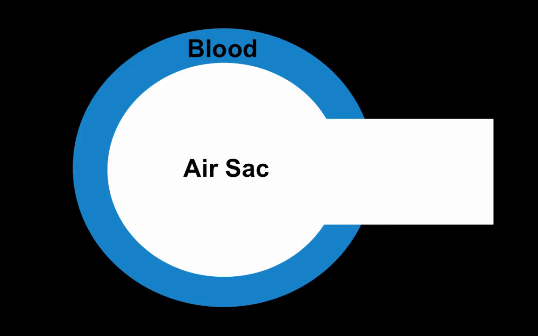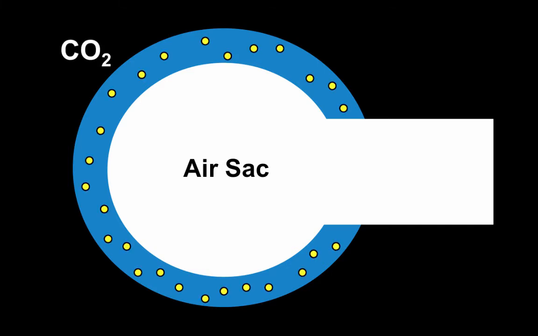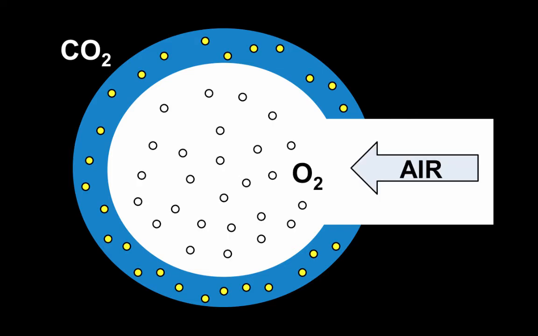So let's look at how this works in an amphibian. So we have a small air sac, and each one of these, and there's lots and lots of them within the lungs of an organism, are surrounded by these blood vessels. So remember, in the blood, again, is CO2, because we're trying to get rid of it. The organism is going to breathe in and pull a bunch of oxygen into its lungs.